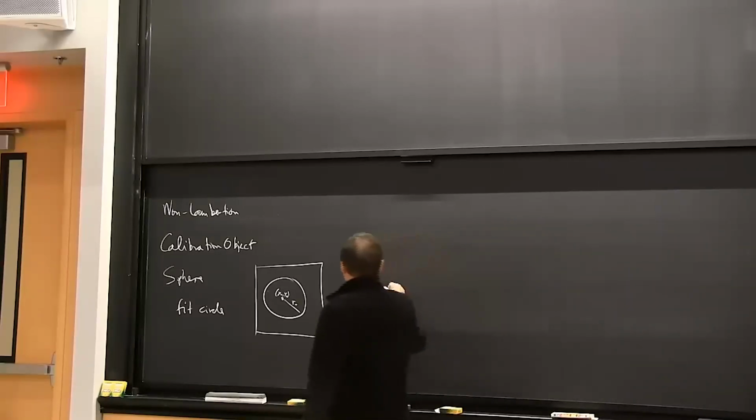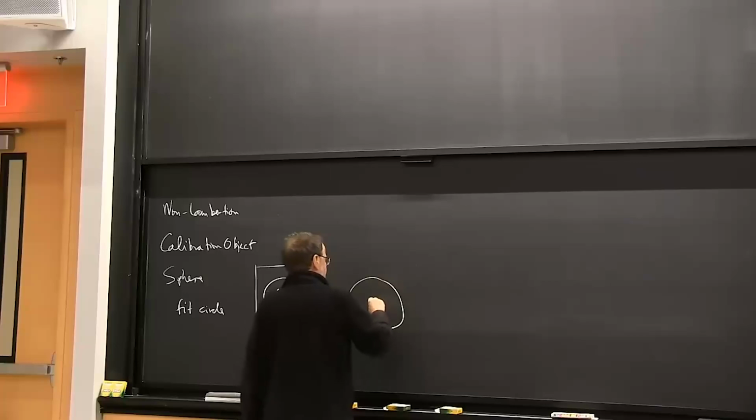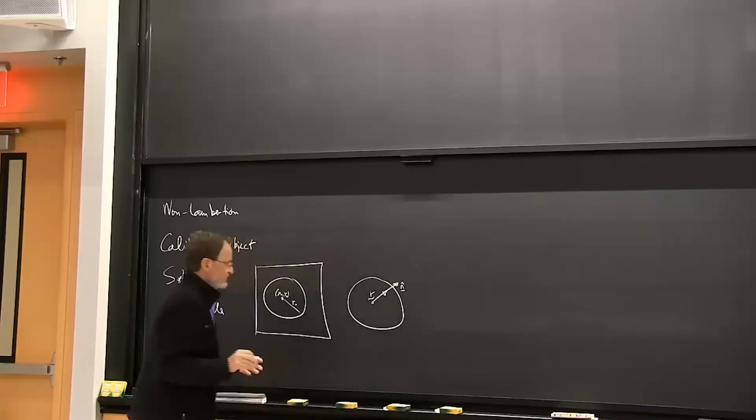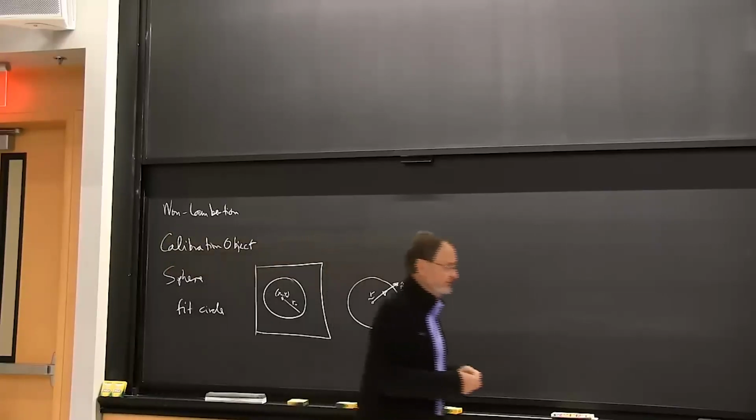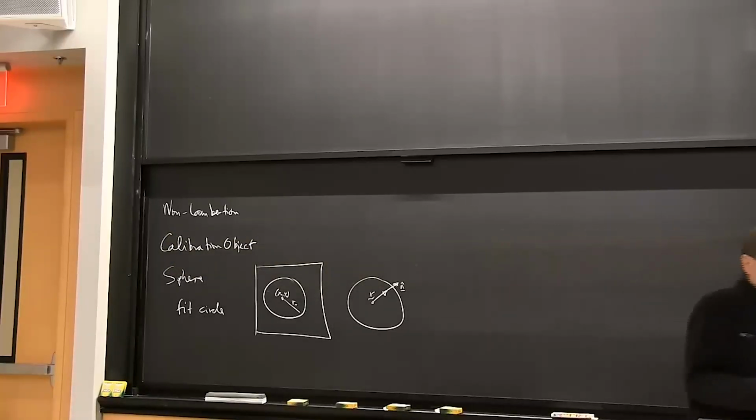Okay, so what good is that? Well, for a sphere, we have a very convenient relationship. If we draw a line from the center of the sphere to the surface, and then at that point on the surface, draw a unit vector, guess what? Those are parallel. That's a unique property of the sphere. So it makes it really easy to know what the surface orientation is, because we just connect the center of the sphere to the point on the surface you're interested in.